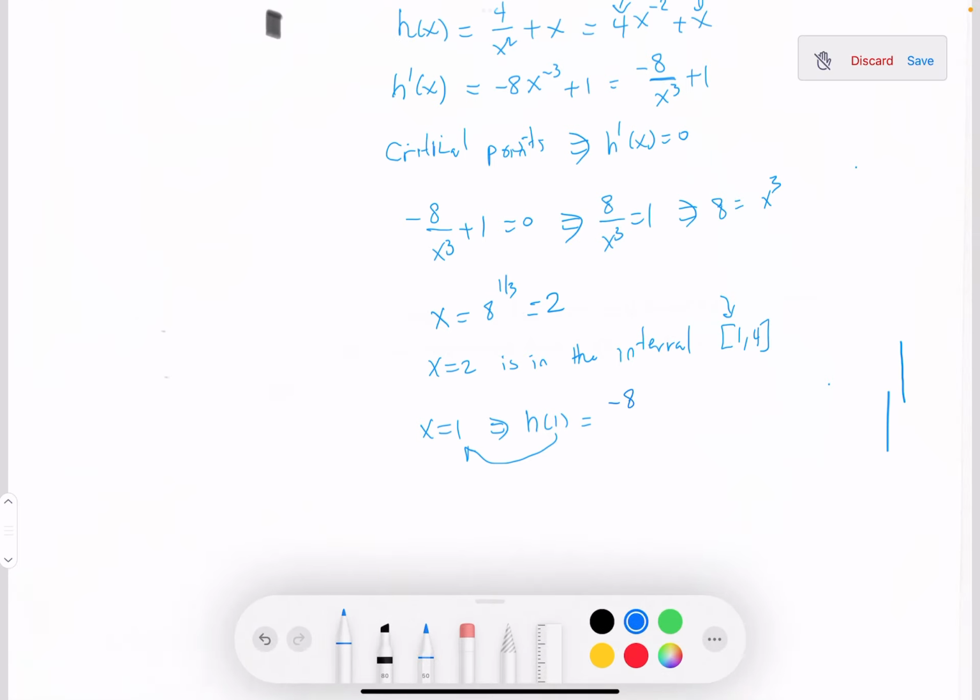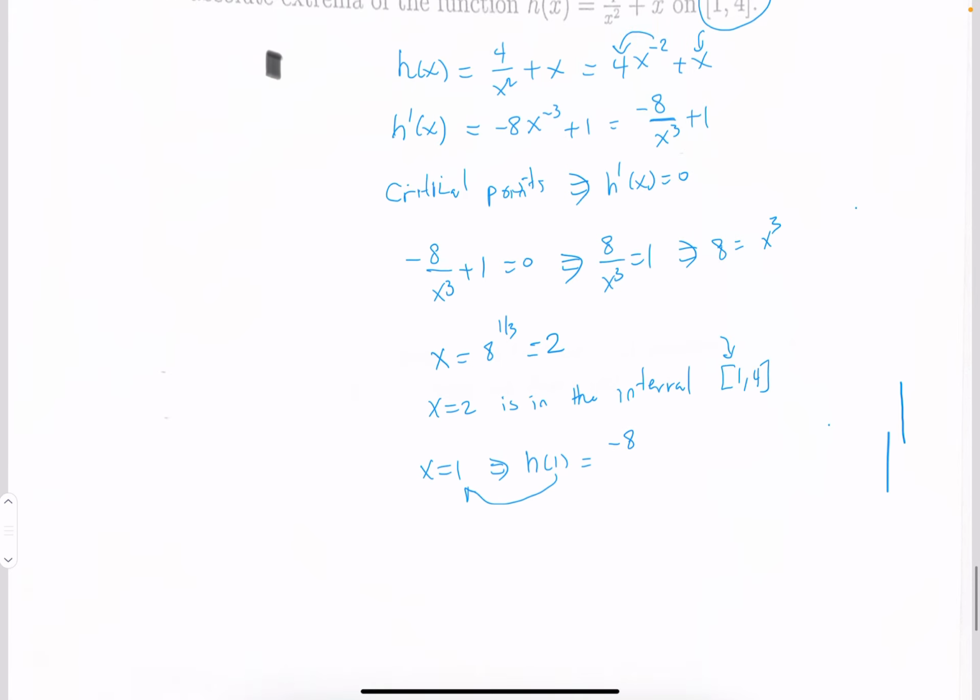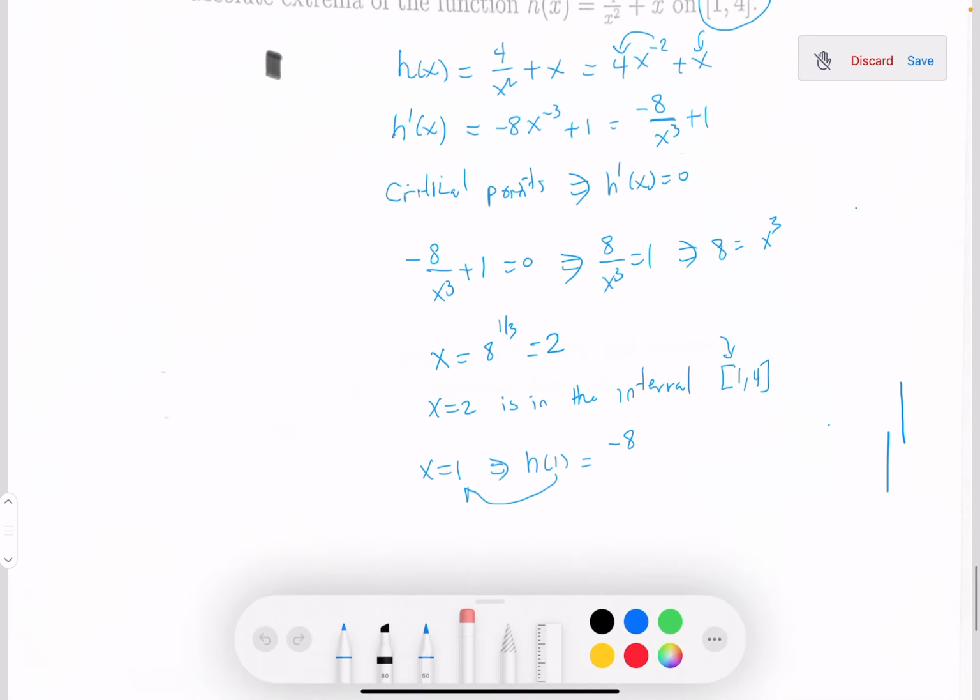This is not h(x), sorry. We have to go for h(x), not h dash x. So it's here. Sorry, this is the h(x). That's not the derivative.